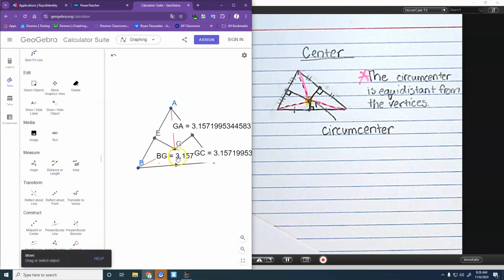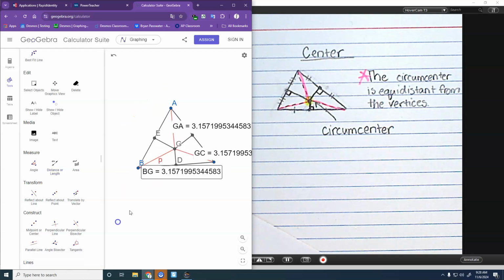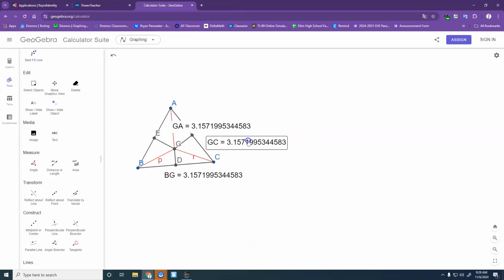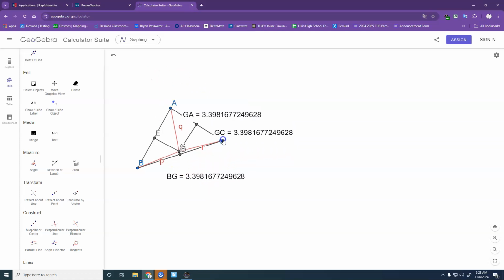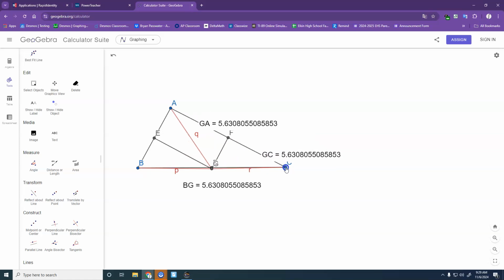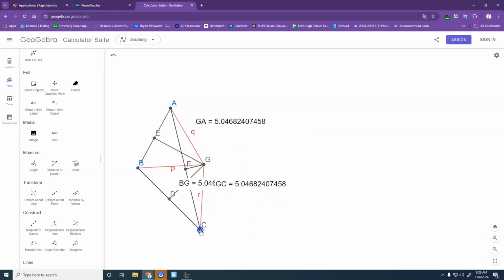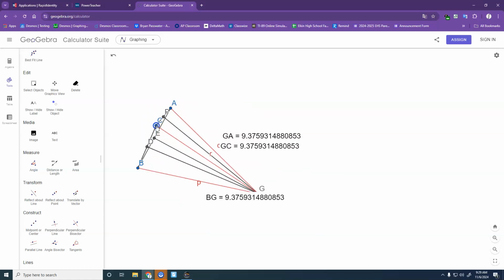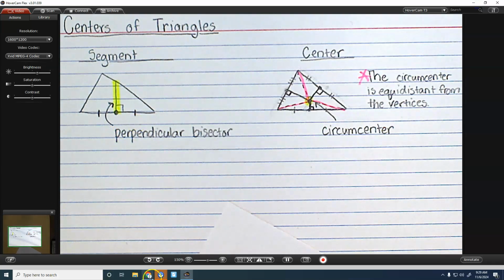Let me drag this over here. I wish it would let me put these over here where they're not on top of the triangle. But you can see the length of all of those segments are equal to each other. And if I move it around, their length changes, but it's always equal. So no matter what I make the triangle look like, those numbers stay the same. So that's what we're dealing with here. Okay, let's keep going.